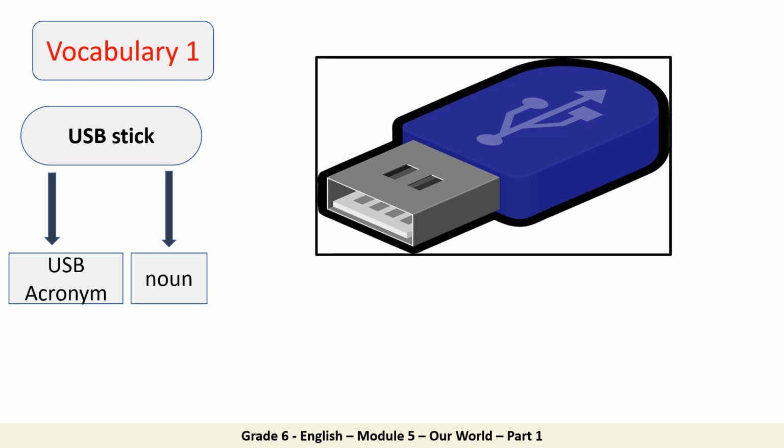So instead of describing this stick with its function or what it does in a long sentence, we just start by taking each and every first letter of these 3 words. Now, I'd like for you to search what USB stands for. All right? Now, please repeat the word after me.